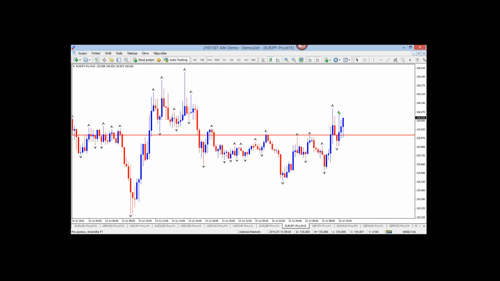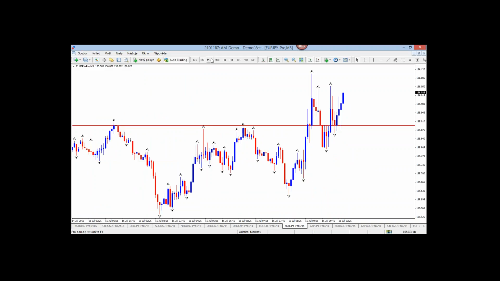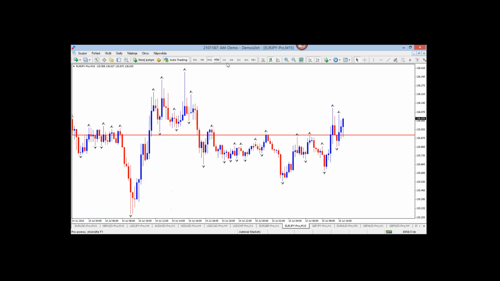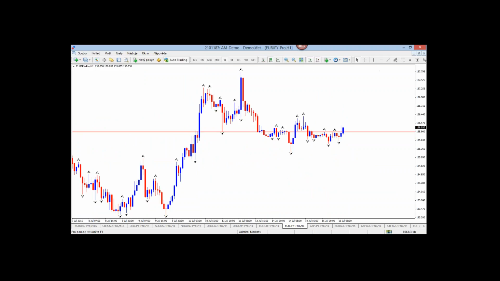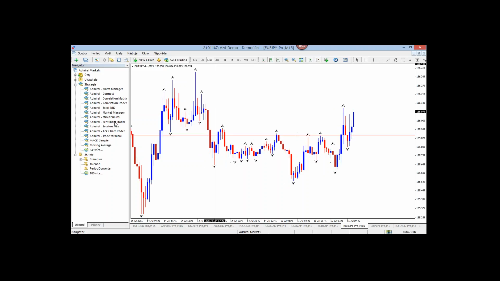One way of trading it could be to wait for this break. Another way could be to wait for the break and pull back. Stop loss should be below this bottom here, about a 50 pip stop loss. Okay, so I'll punch that in.